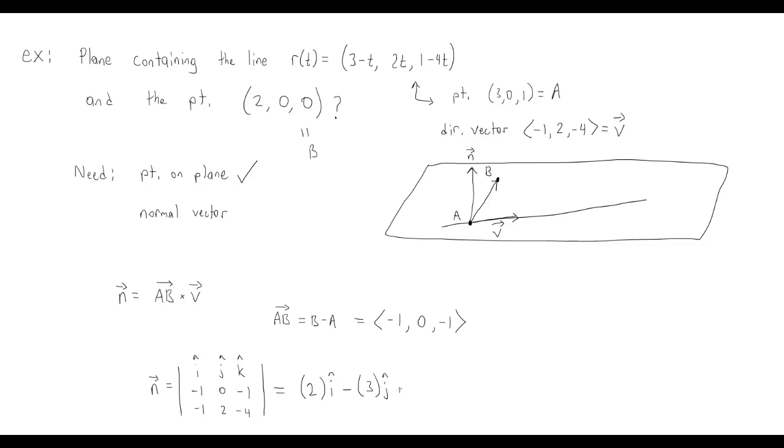And then it's plus. And then we're going to get negative 2 minus 0, k. Alright, so we got the vector 2, negative 3, negative 2.